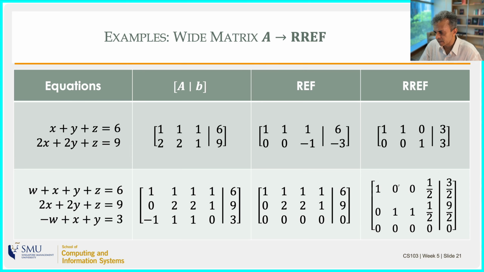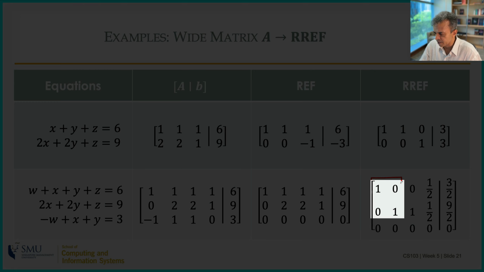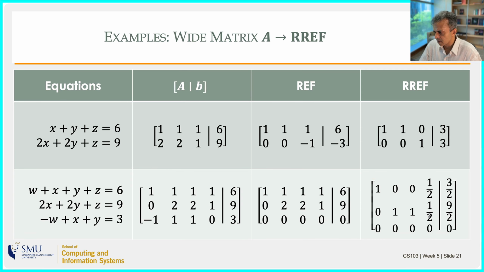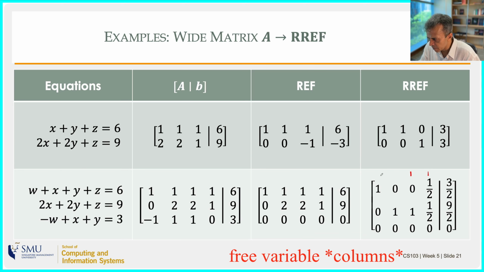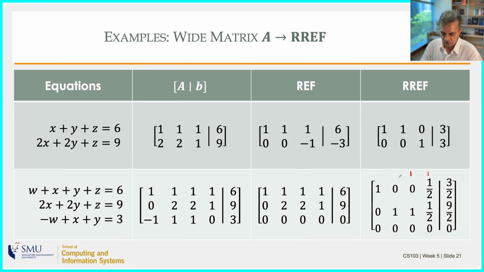So I subtracted row 2 from row 1, and that resulted in this kind of situation. What you can see in this case is a clean identity matrix here, plus a couple of free variable columns. It just so happened that my identity matrix got cleanly separated, but it did not need to be. These free variable columns might be shuffled in with the identity matrix columns as you saw before.